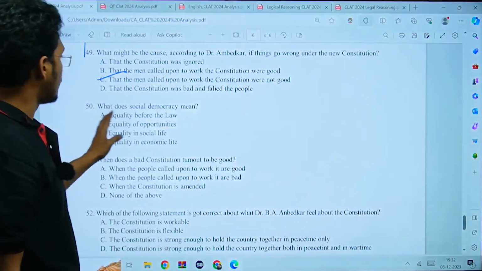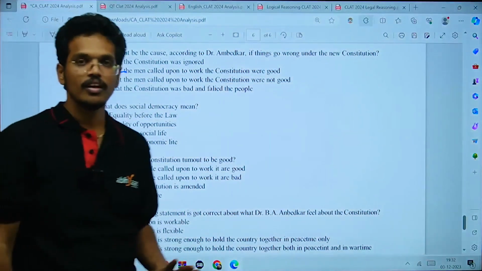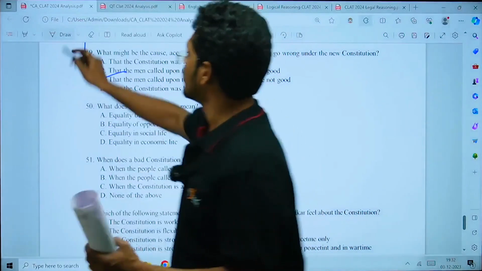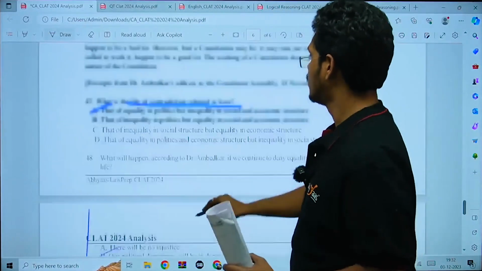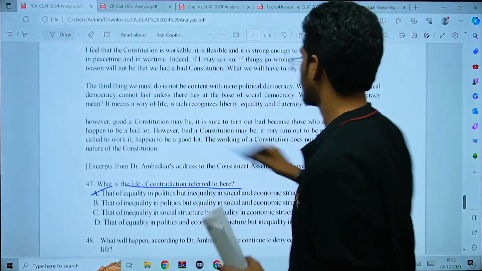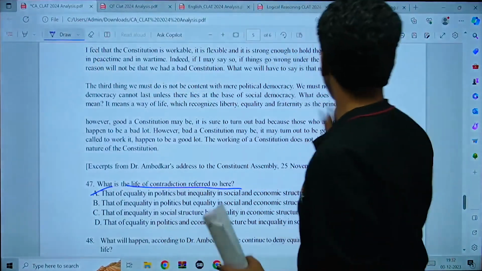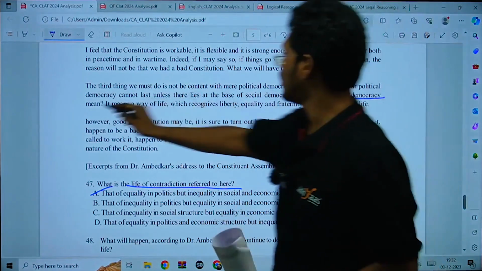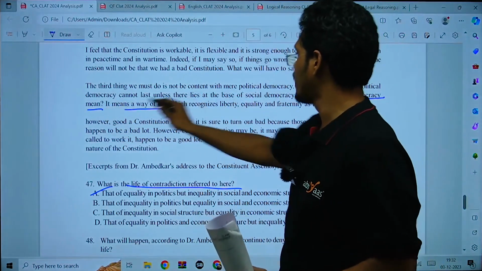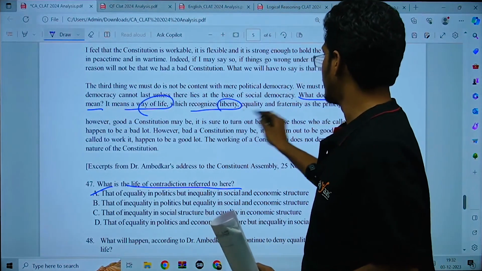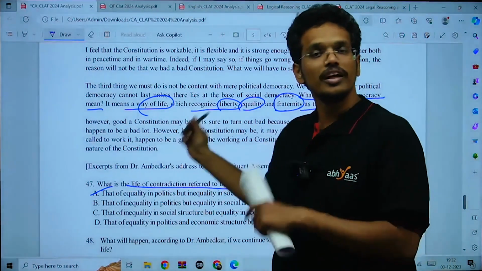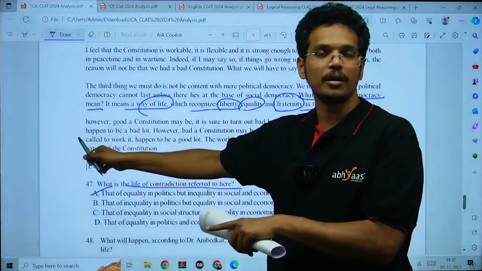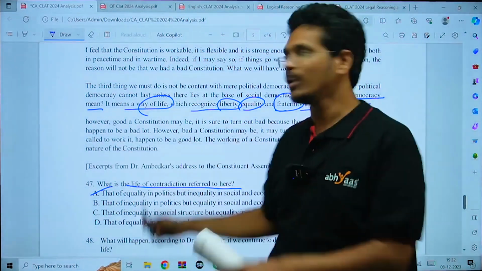What does social democracy mean? This was taken directly from the passage. If you look into the last lines of the last paragraph, you have the direct answer. It means a way of life which recognizes liberty, equality, and fraternity as the principles of life. It was clearly mentioned, but implicit in the options.